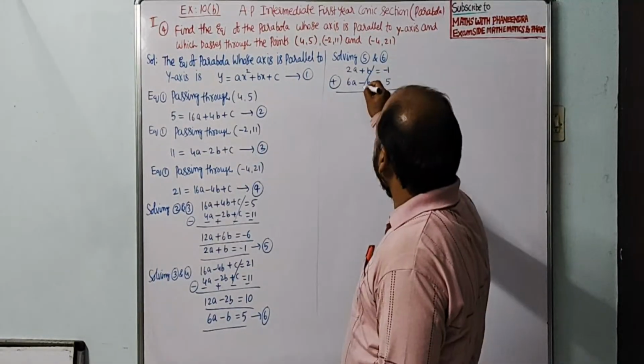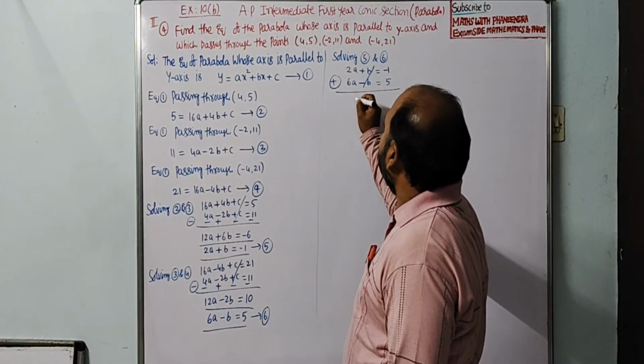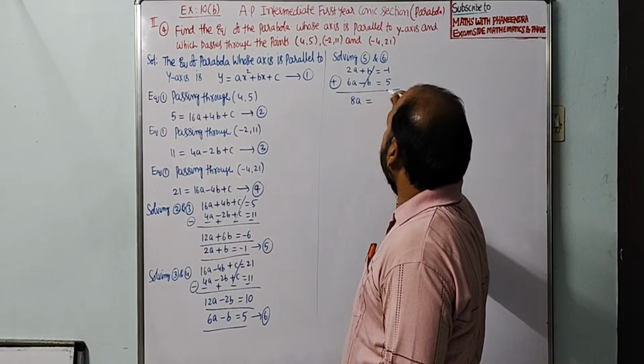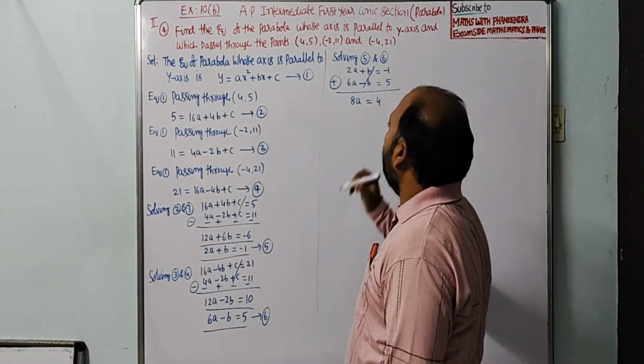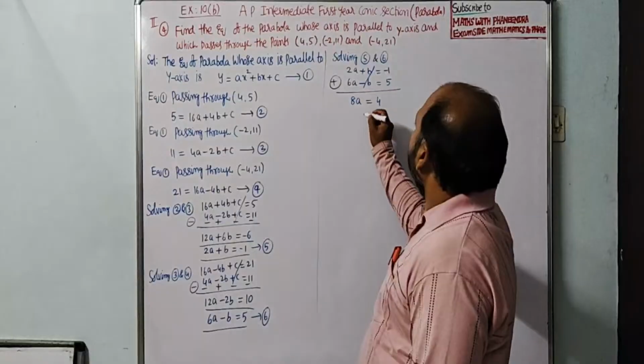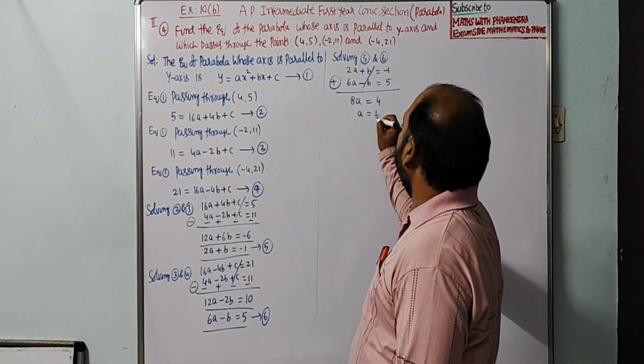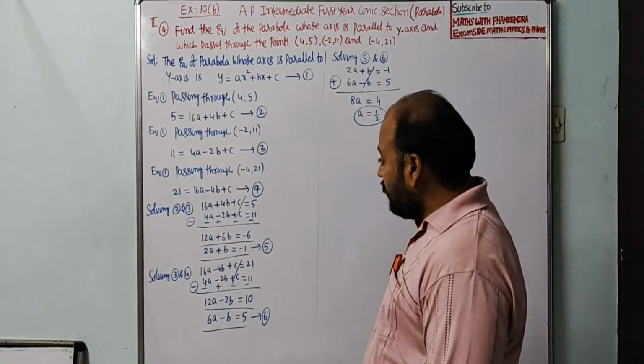Adding both the equations, plus b minus b get cancelled. 6a plus 2a is 8a is equal to 5 minus 1 is 4. So a is equal to 1 by 2.